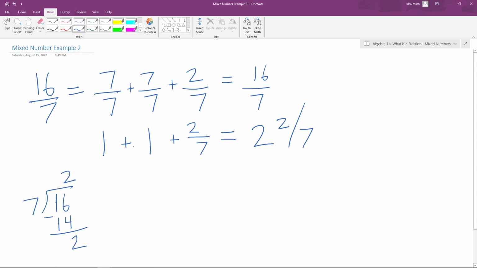And so I can use this information to write this as a mixed number immediately. What you do is you take this number here, so how many times did 7 go into 16? You had 2. And you take your remainder, that becomes the numerator of your fraction. And the denominator is the same 7 that we're working with. So 2 and 2/7.